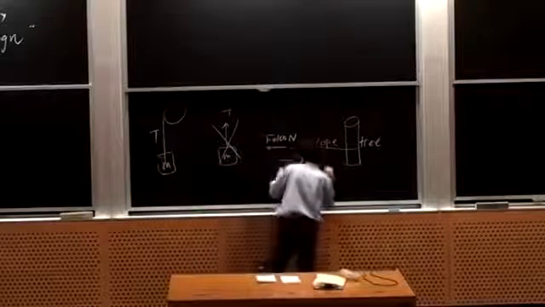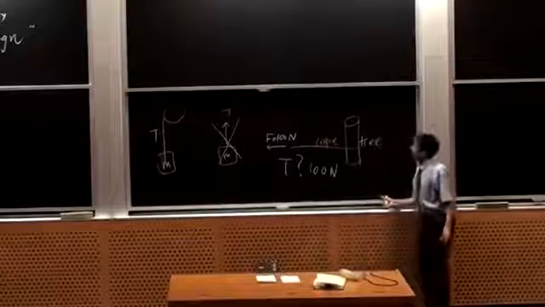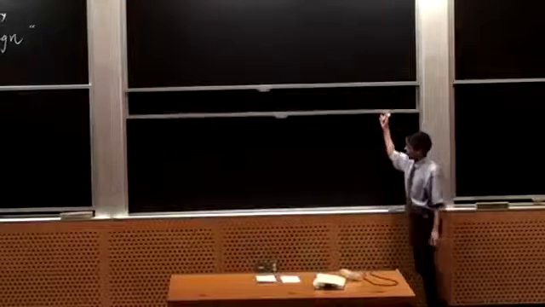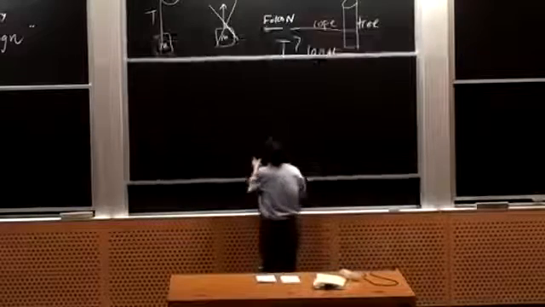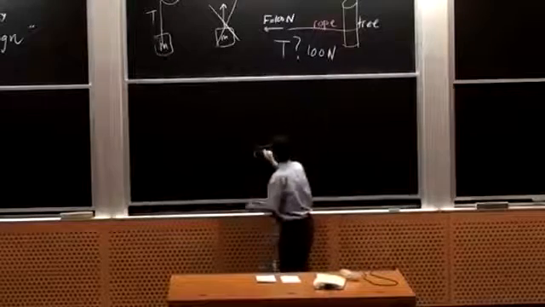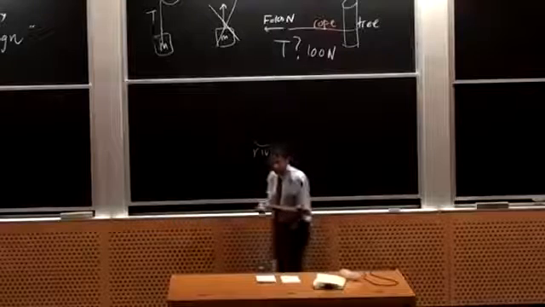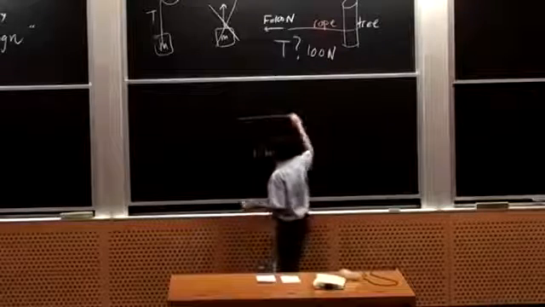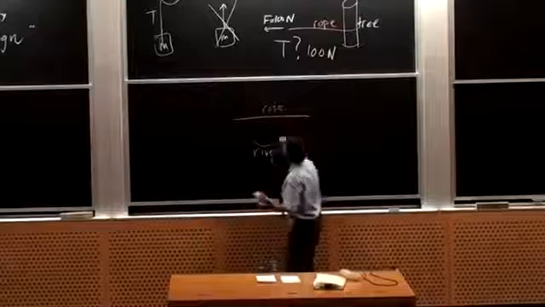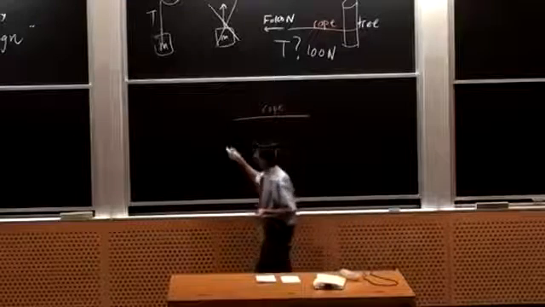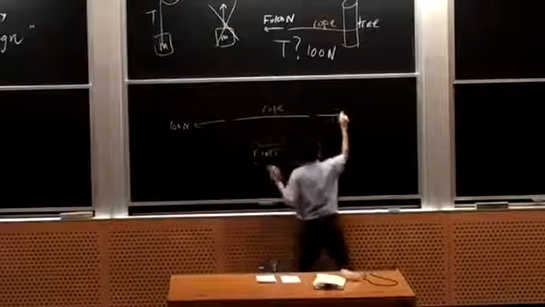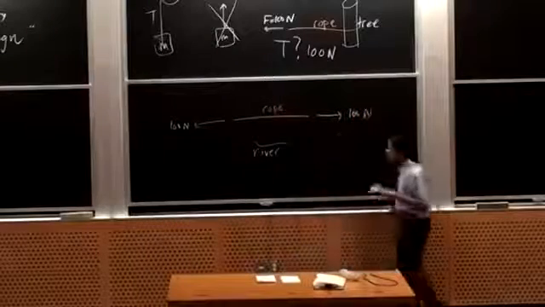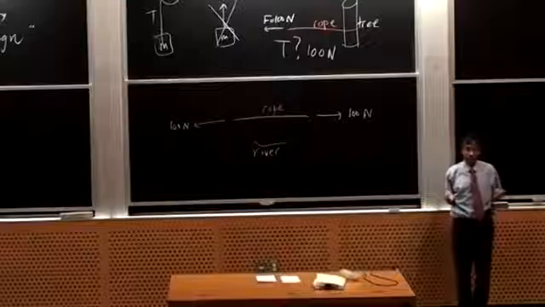In fact that is 100 newtons, and most people will say 100 newtons. Now the next question is this. Here is a river, and here's a rope, and me and a friend each pull on the rope with 100 newtons.